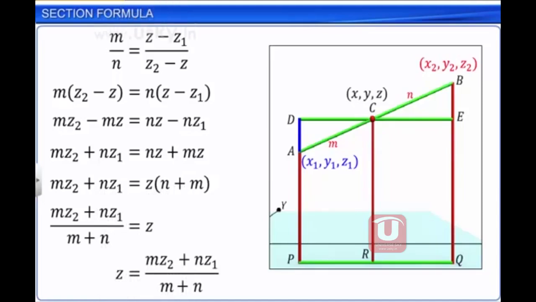Similarly, using the same method, the other coordinates x and y of point C can be found. Therefore, the coordinates of the point that divides the line segment in the ratio m:n is as shown.